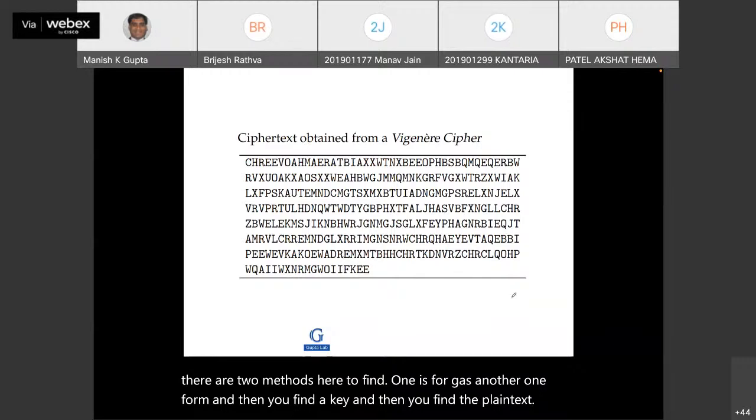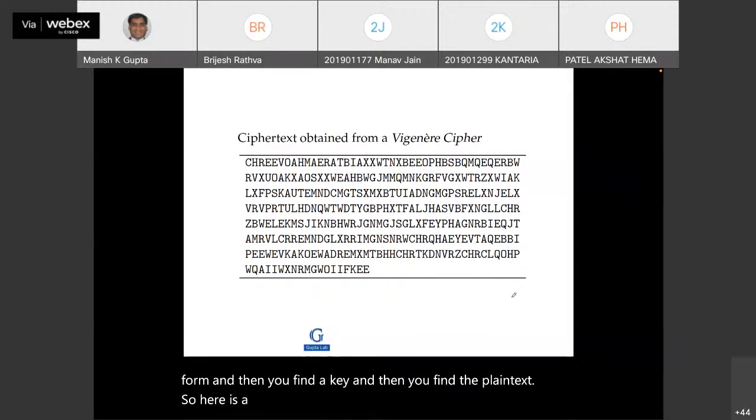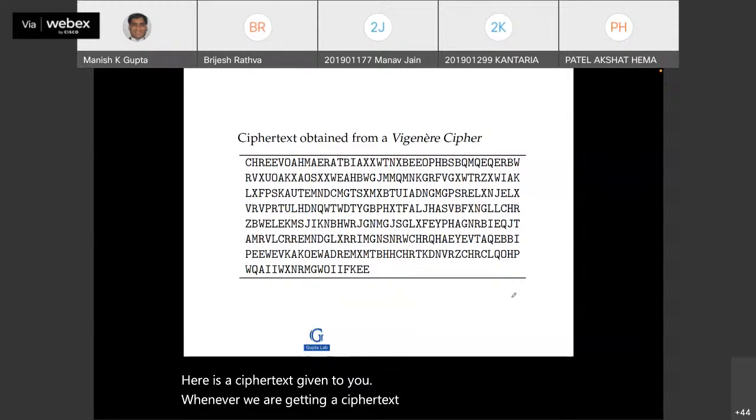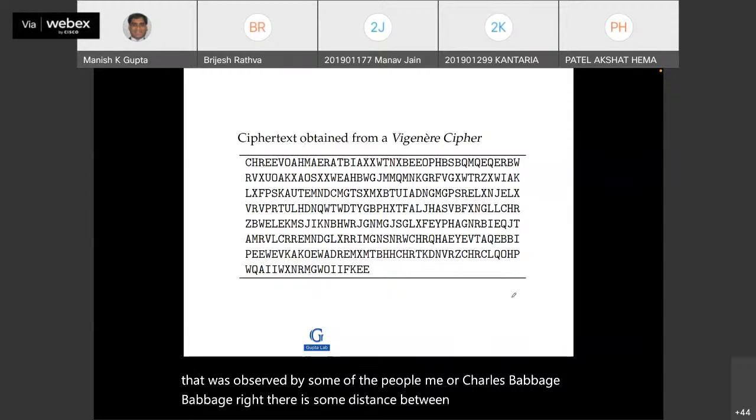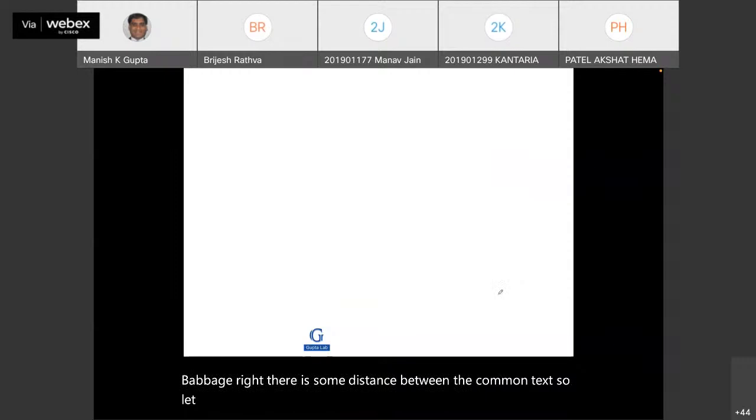So here is a ciphertext given to you. Whenever we get a ciphertext from the Vigenère cipher, one thing that was observed by people like Kasiski or Charles Babbage is that there is some distance between the common text. Let me write down that observation first here.